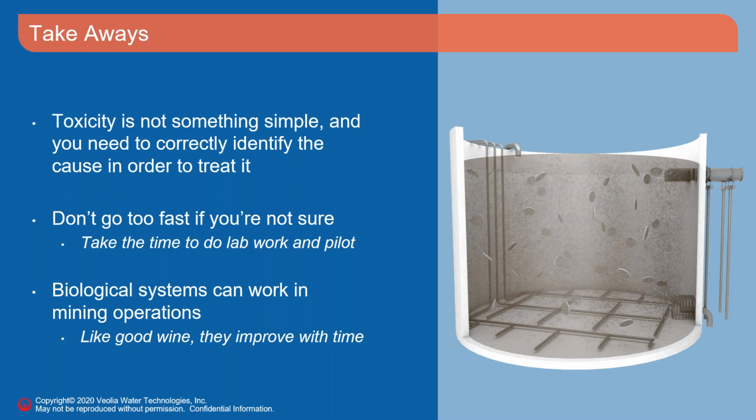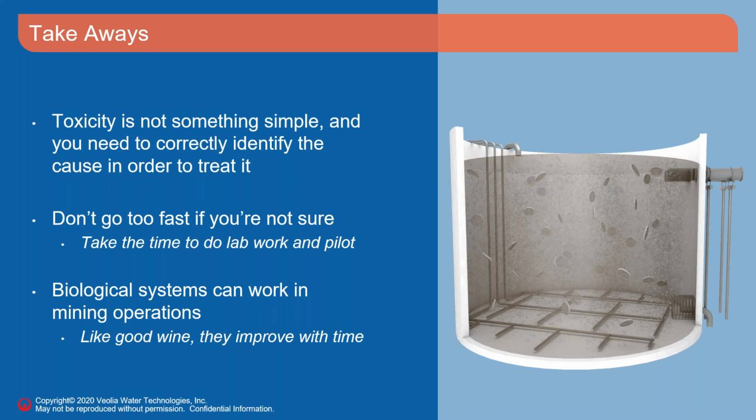If you're not sure what your toxicity source is or how it can be efficiently treated, take the time to do some lab work and even go with piloting, because you can be sure while doing these to have a correct design to make sure that everything works well before installation on site. And that way you can really work together, a consultant and the client and Veolia, and make sure that you really have a complete solution that will really get rid of the toxicity.